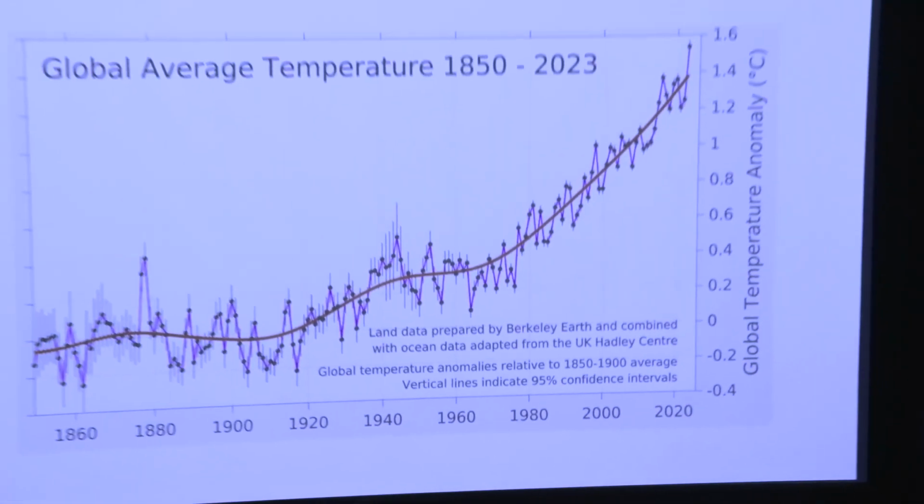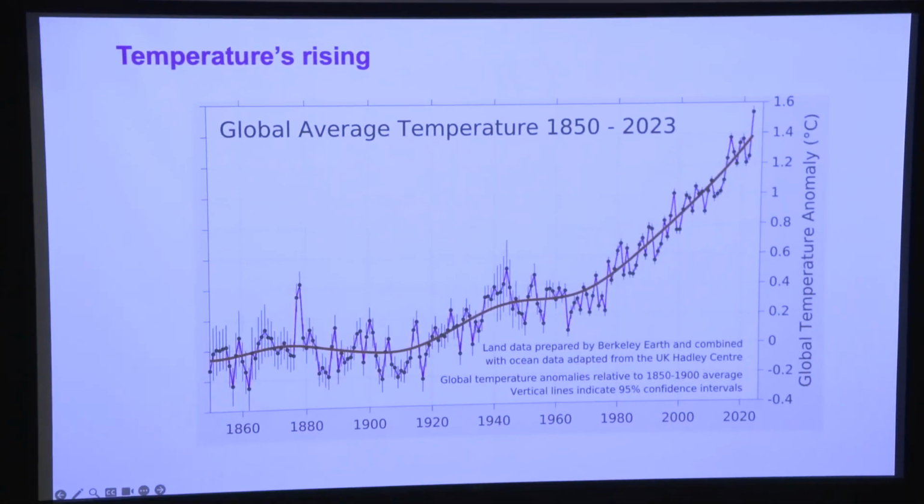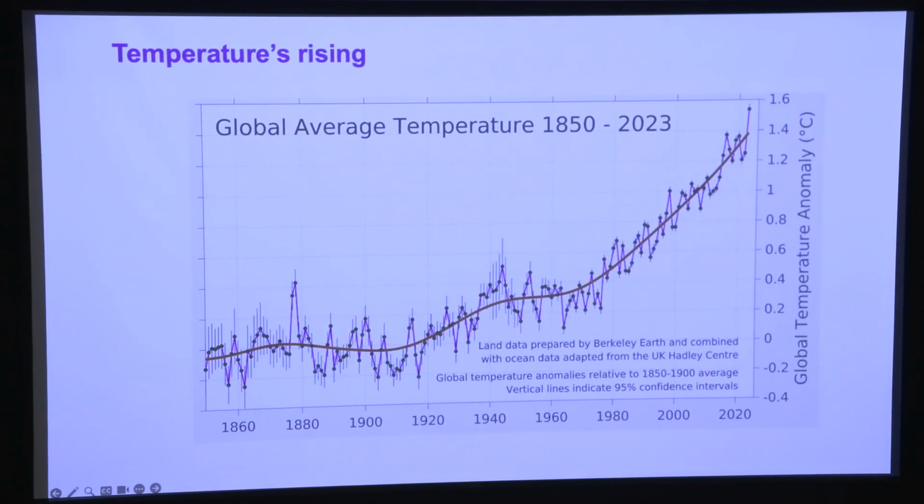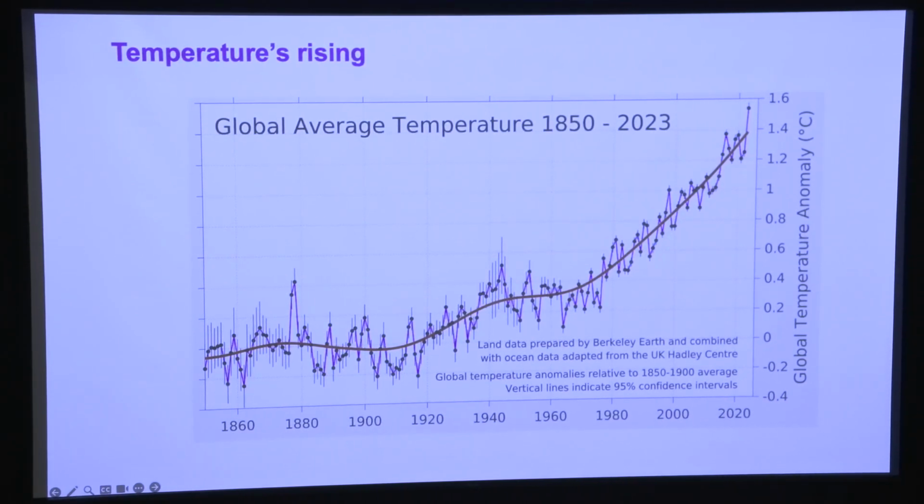This is the global mean temperature above the average temperature from the 1850s to 1900s, or the pre-industrial baseline. And this is the first time that the mean temperature has exceeded the pre-industrial baseline.